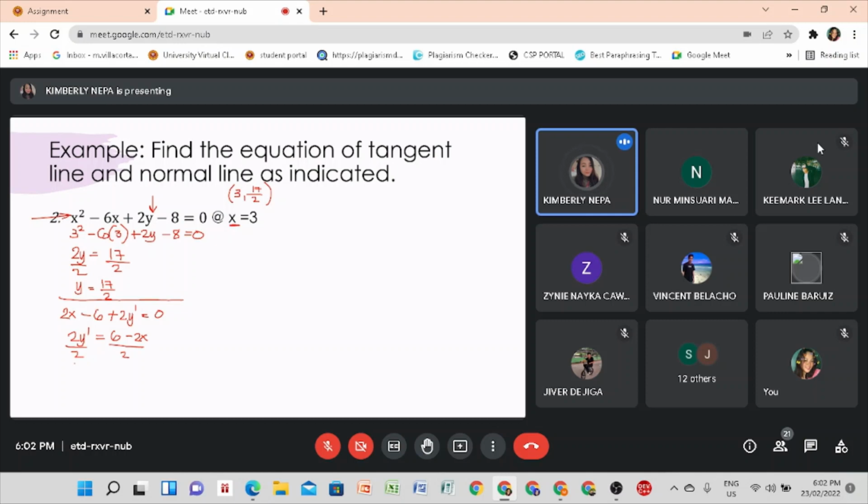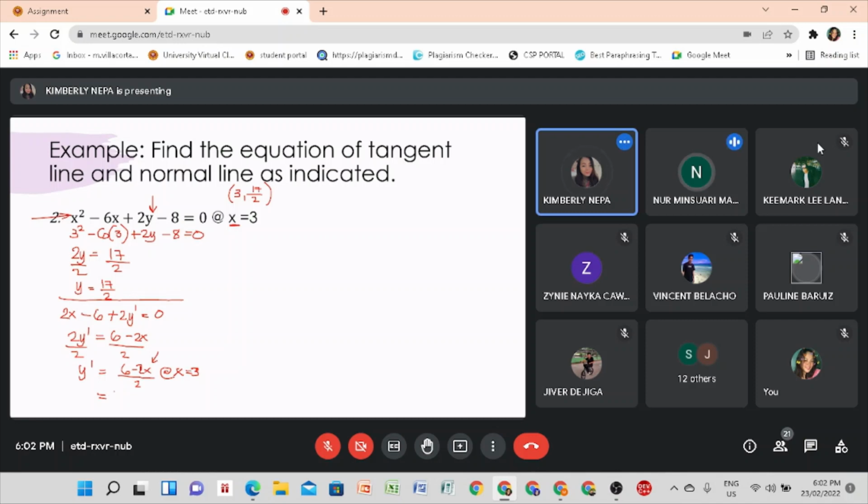Divide by 2. So y prime is equivalent to 6 minus 2x over 2. We won't simplify it yet since we will substitute the value anyway. Right? Yes po. At x is equal to 3. x is the only variable left, so substitute. Right? Yes po. So 6 minus 2 times 3 divided by 2.